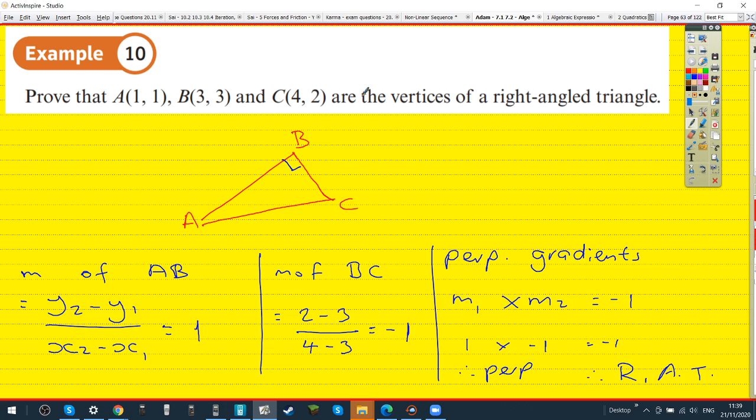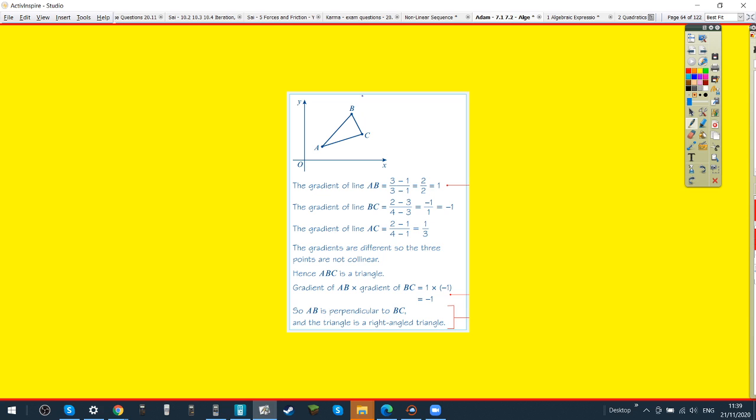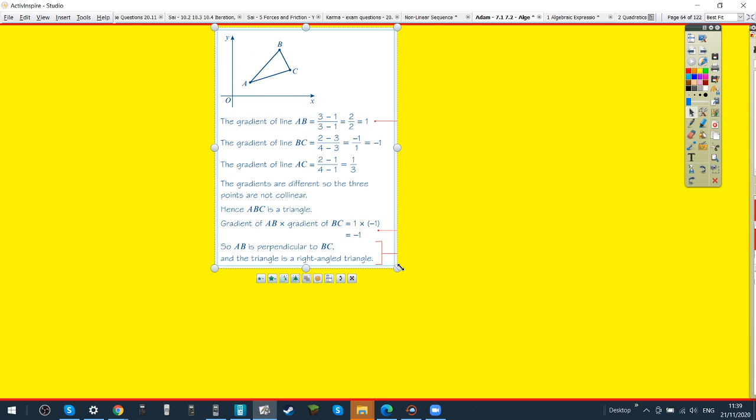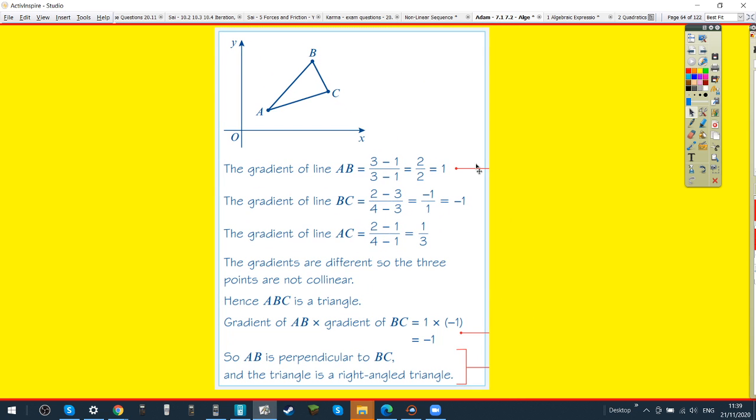They wrote a bunch of extra stuff. They did the gradient of the other line. The gradients are different, so the three points are not collinear.